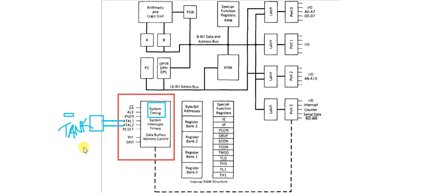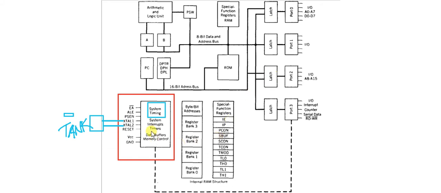The tank circuit we are connecting is a combination of crystal and some pF capacitors. So inside this control block, there is a clock generator circuit. This clock will be generated and distributed among all the internal blocks where required.